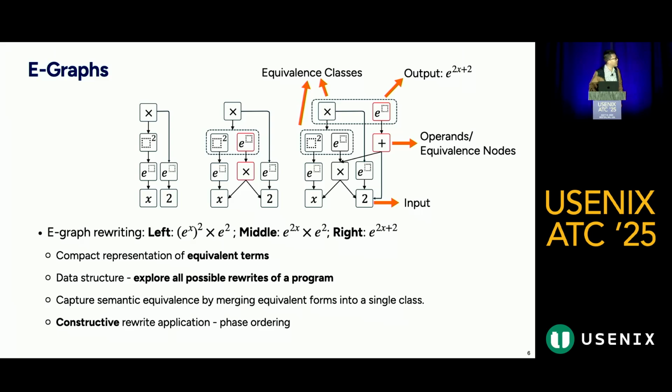Here we provide an example of an e-graph: the e-graph input, the e-graph output, and we label the e-classes and the e-nodes. It shows how the e-graph evolves from left to right with different rewriting rules.